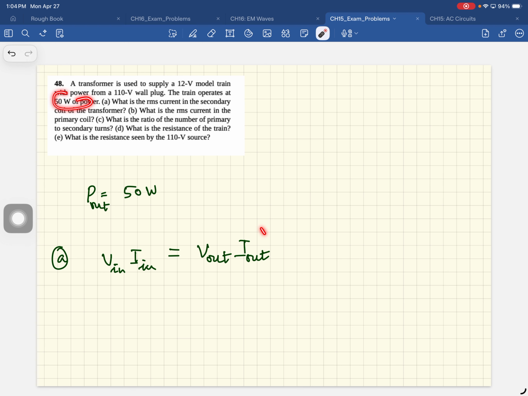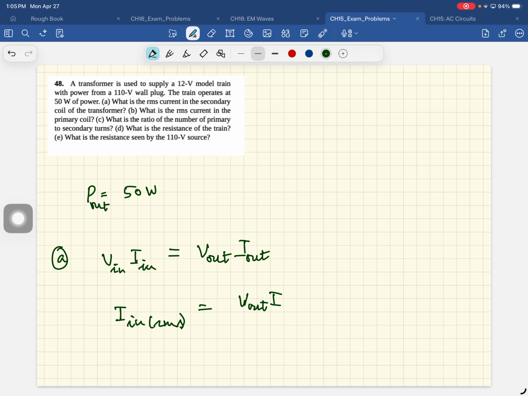This is given, so I out is given. What is the RMS value of the current? So I input RMS is just V out, I out over V in, and these are all RMS values.